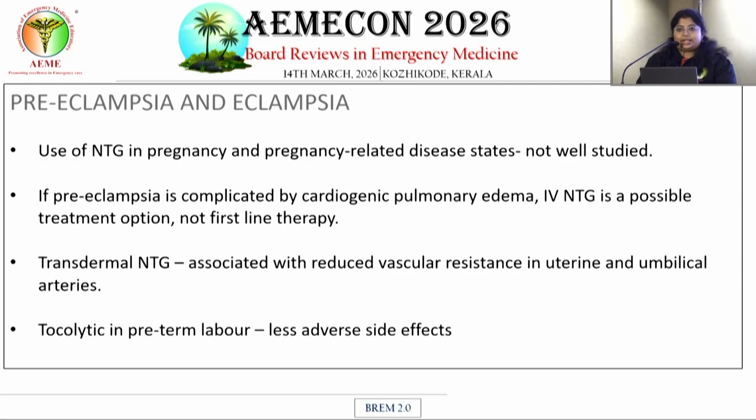In preeclampsia and eclampsia, the use of NTG is not well studied. But if preeclampsia is complicated by cardiogenic pulmonary edema, it is a possible option, not a first-line therapy yet.